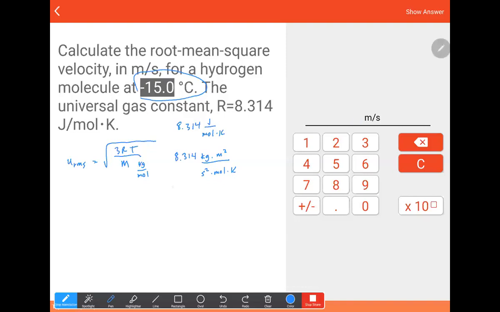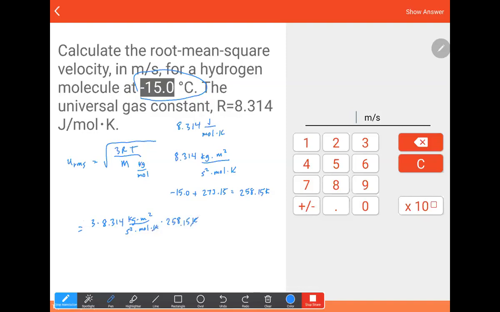So that's the first thing we'll do: negative 15 plus 273.15 equals 258.15 Kelvin.